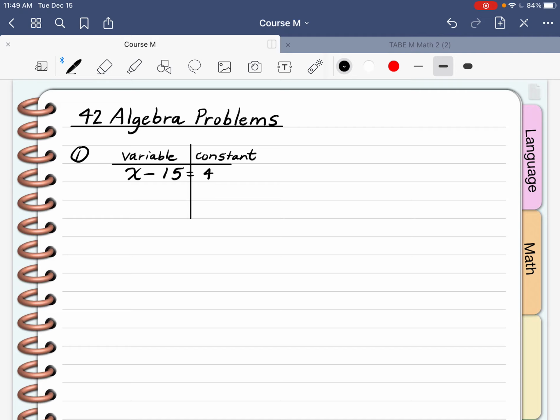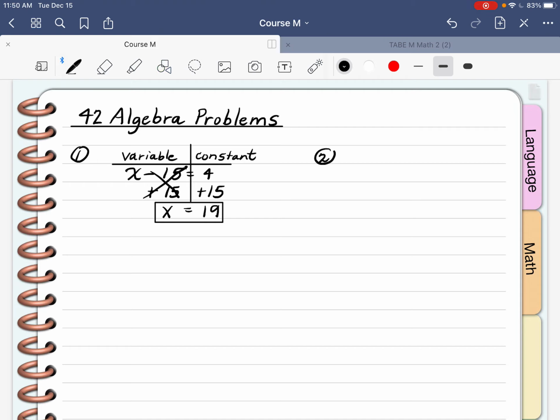And what needs to move? The 15 gets canceled. X is 15 plus 4. That would be 19. Go ahead and write 19 on the back of that card, and then you'll know what that solution should be. The answer to number 1 is 19.